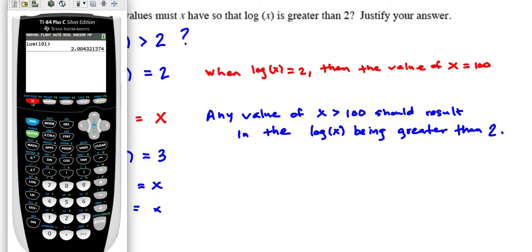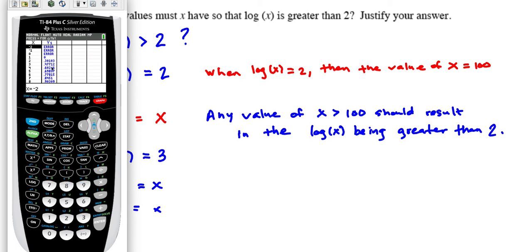If you wanted to look at it from a graphical standpoint, let's graph the log of x. Let's look at our graph first. You see it goes up here. We want our output to be greater than 2, so it looks like it's getting close to 2, but let's look at our table.